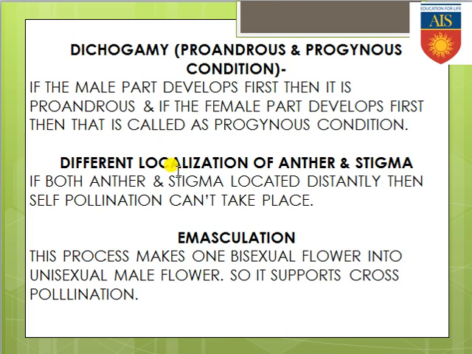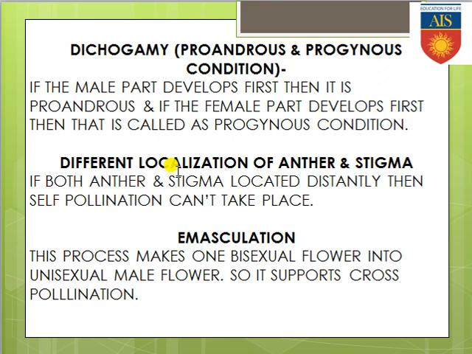That means dichogamy is a condition where either the male part or the female part develops first. So when the male and female parts are not developing at the same time, obviously there is no chance of self-pollination. Obviously that flower is bound to perform cross-pollination, and they have to wait for another flower.